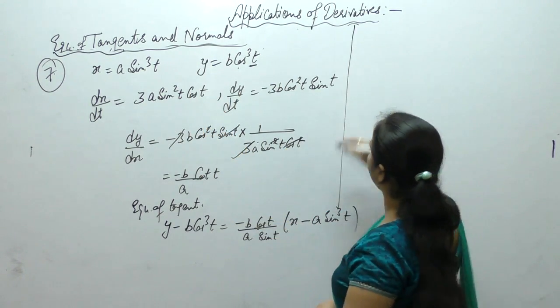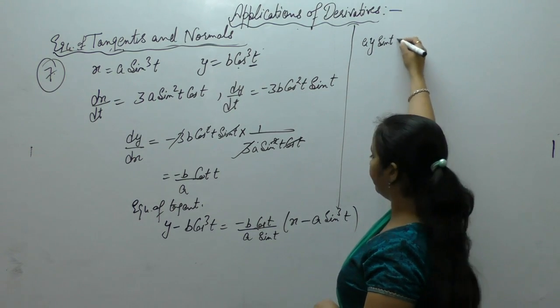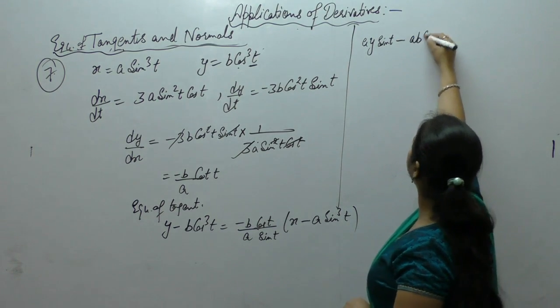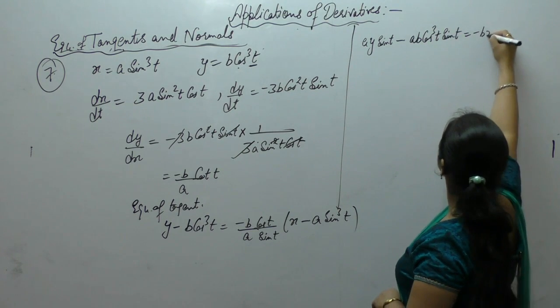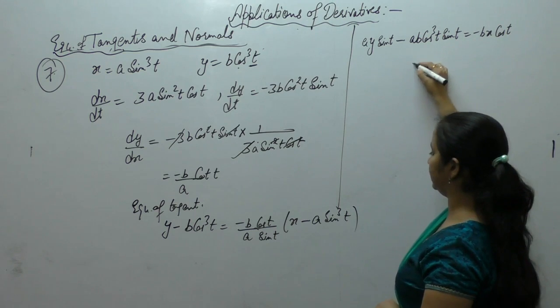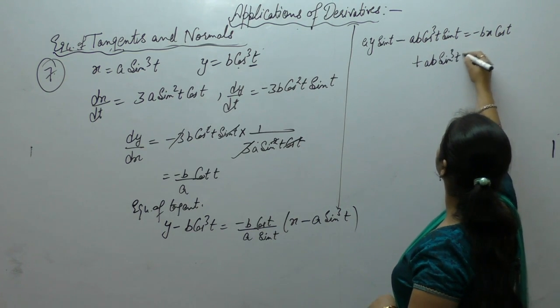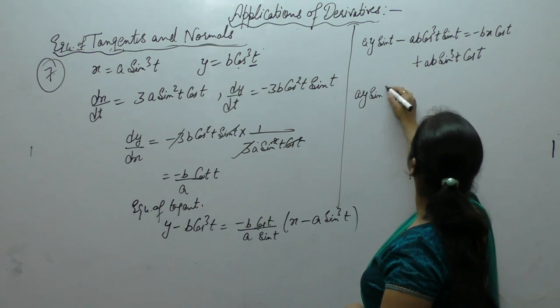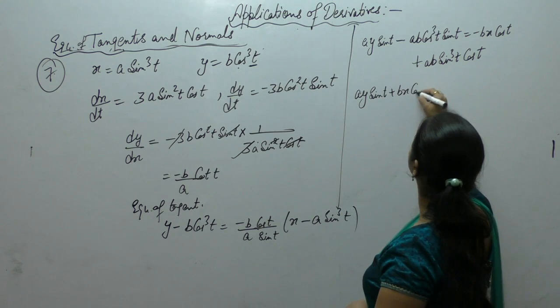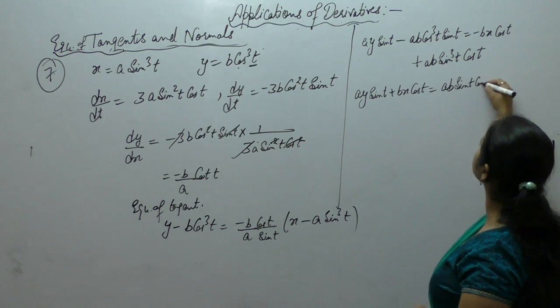So we can write it as ay sin T minus ab cos cube T sin T minus bx cos T minus minus plus ab sin cube T cos T. Ay sin T plus bx cos T. AB is common, sin and cos is common.